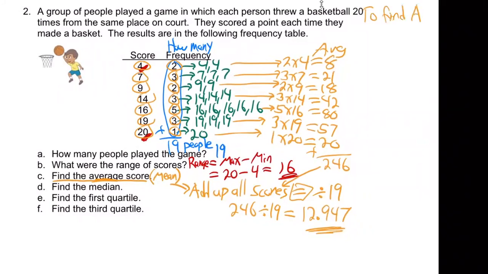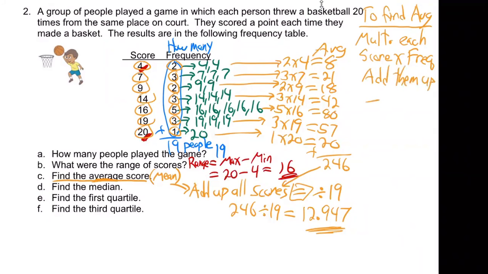To find the average, multiply each score times frequency, add them up and hit equals, and then divide by the total of the frequency column.